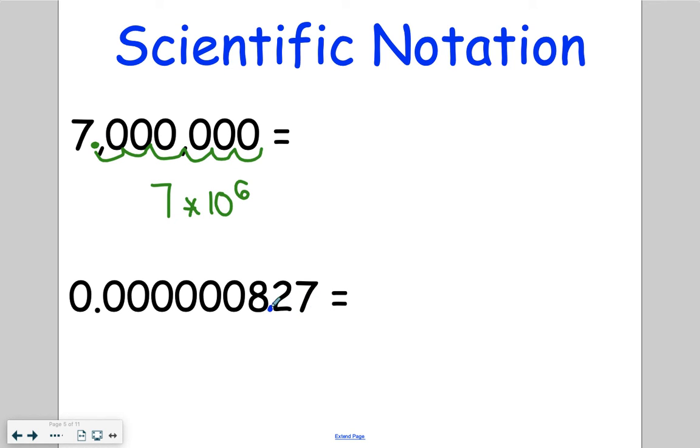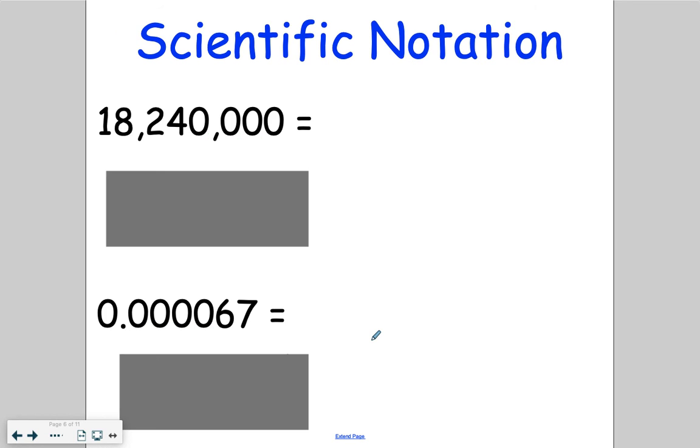So I'm going to put it right here, which is going to give me 8.27, and then we're going to go times 10 to the, again, we need to figure out how far we move the decimal, so 1, 2, 3, 4, 5, 6, 7. So we move that to the left, so it's 8.27 times 10 to the negative 7th power. Go ahead and try these two on your own.